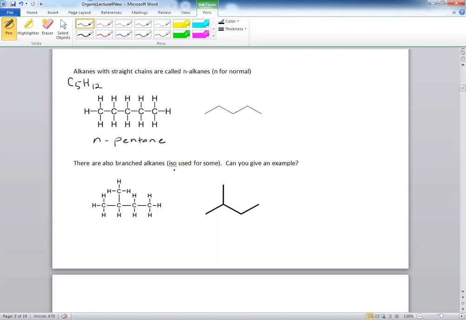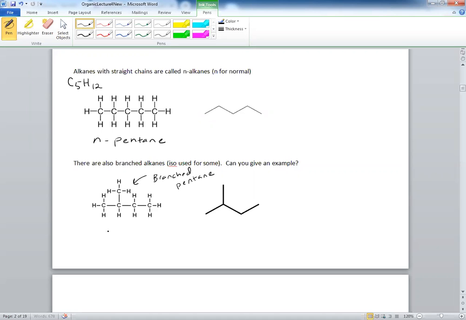If they are branched, you use iso. Iso is used for some, especially the majority of them, the important ones. So in this case, we have 1, 2, 3, 4, 5, but again, there's a branch here, it's a branched pentane.